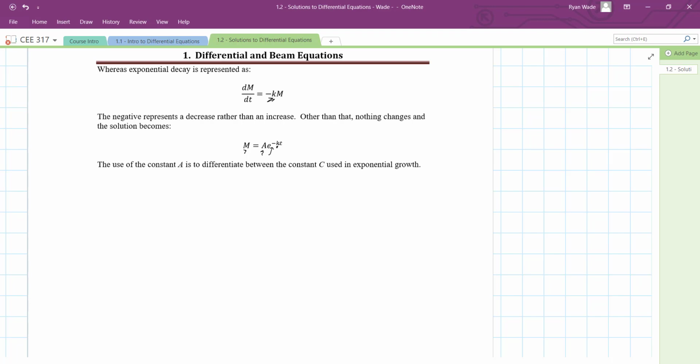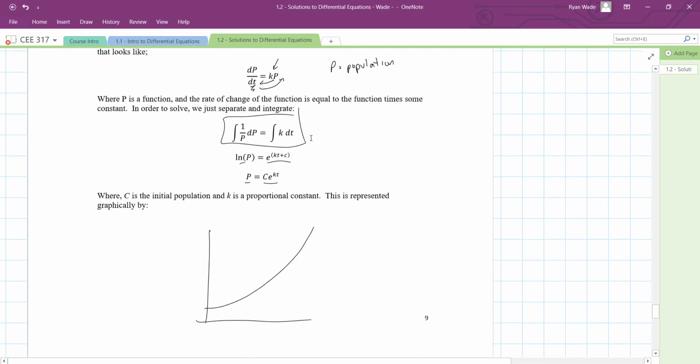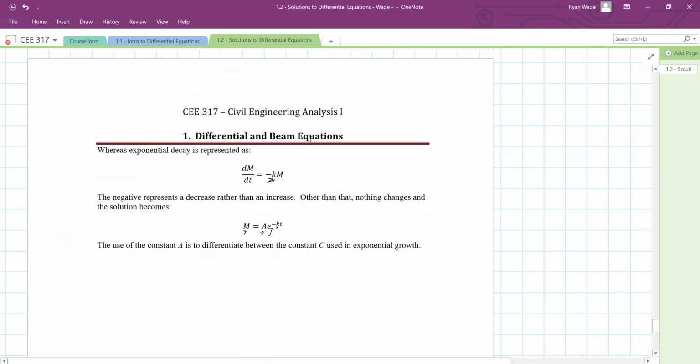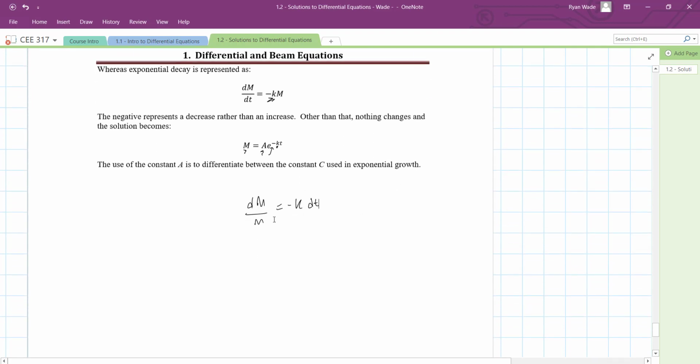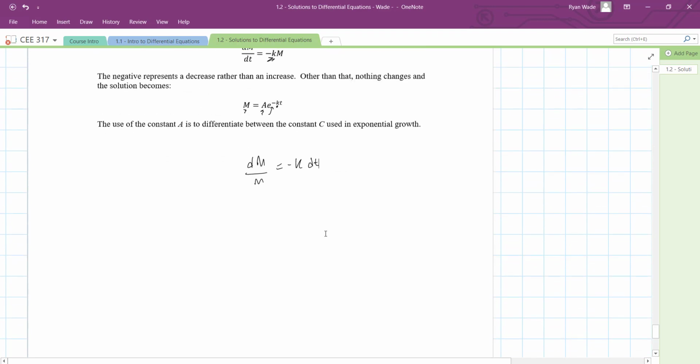So it is pretty much the same derivation. We could go through the exact same thing by moving over the dt. So dm over m is equal to negative k dt, and then we integrate both sides with respect to their respective variables, and we come up with this solution.